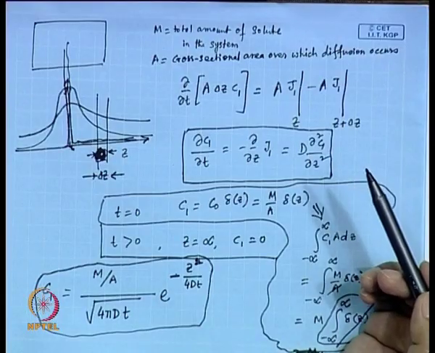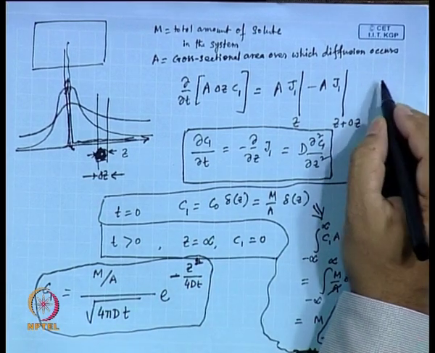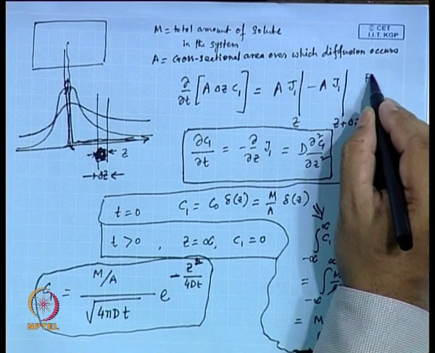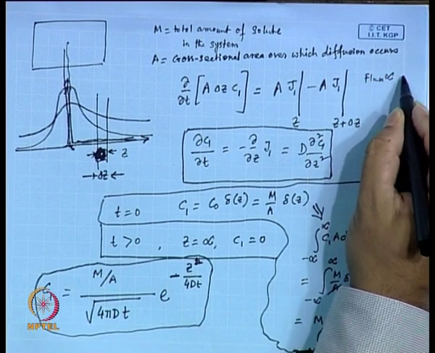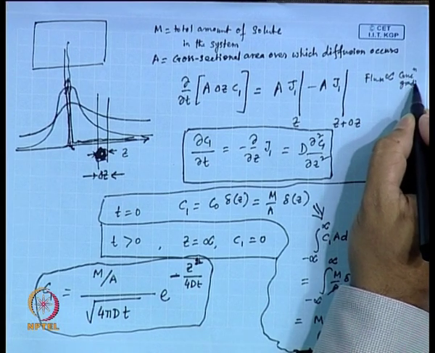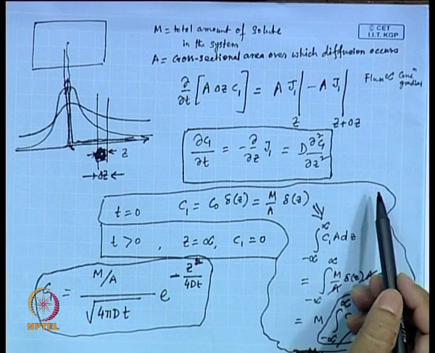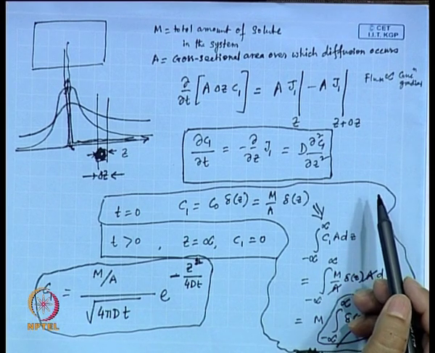So you can quickly go through these. This is the mass transfer relationship, that the flux is proportional to the concentration gradient, and the diffusion coefficient is basically the proportionality constant.